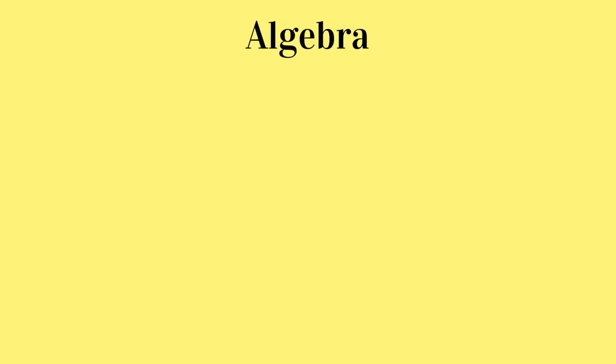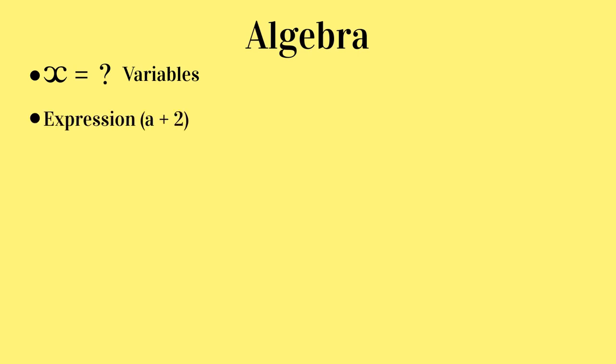Here is a summary on what we have learnt about algebra. Algebra is where we use letters to represent numbers that we don't yet know. We call these variables. Using variables to describe a situation is called an expression.